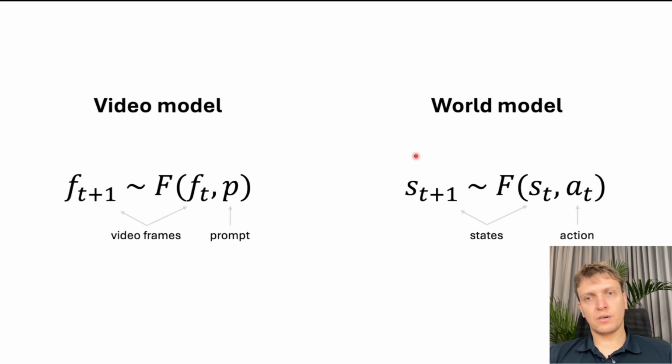At the same time, a lot of the best world models are actually video world models. In this case, you just treat frames as the state of the world, or at least the observations that you see about the state of the world. And also, prompt and actions are kind of similar things. A prompt just describes in text what the video should do, and actions can be some discrete vector that describes what should happen next.